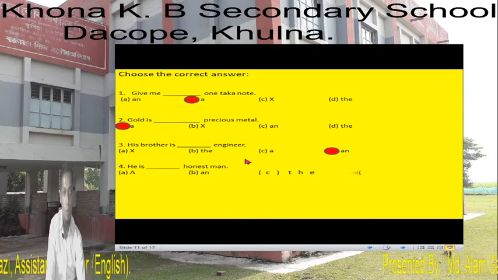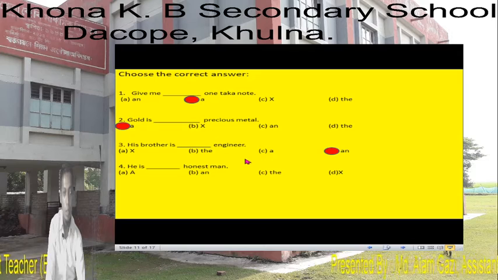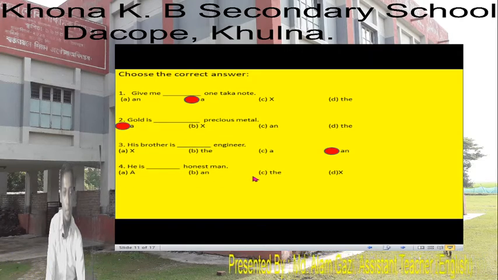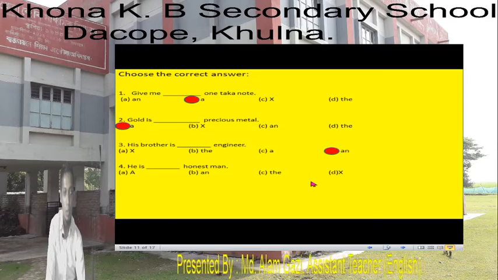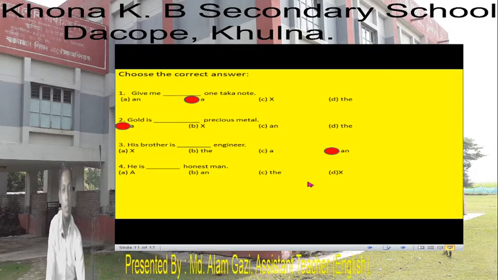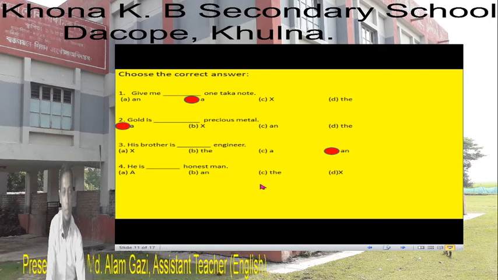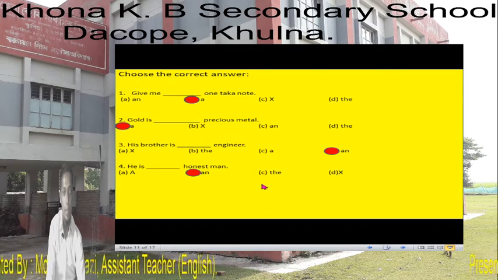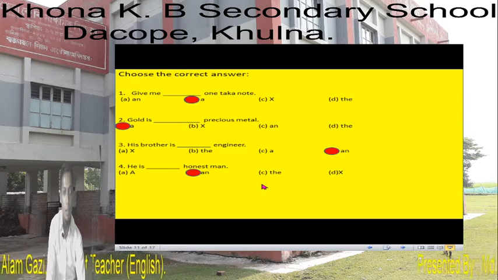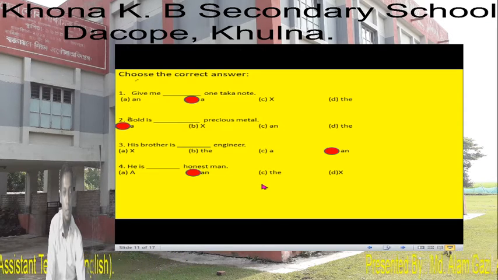Question number 4. He is dash honest man. A, a. B, an. C, the. D, cross. What is the correct answer? Yes, the correct answer is B. An. He is an honest man.